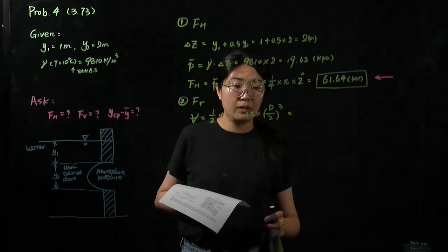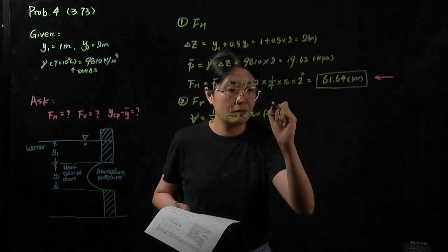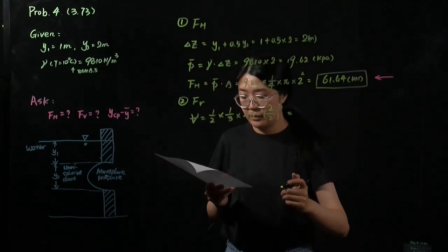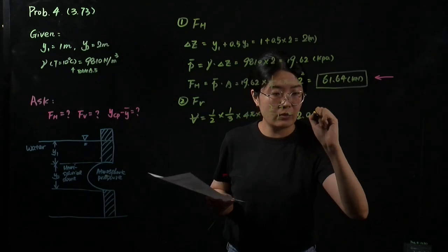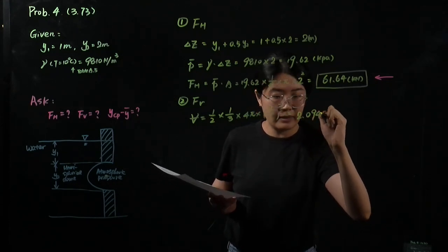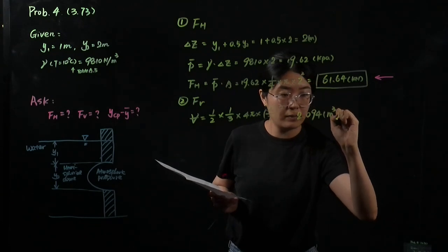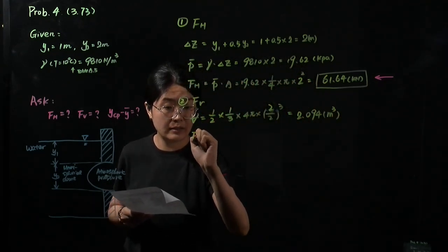And because we know d is 2 meters, after we calculate this equation, it equals 2.094 cubic meters.